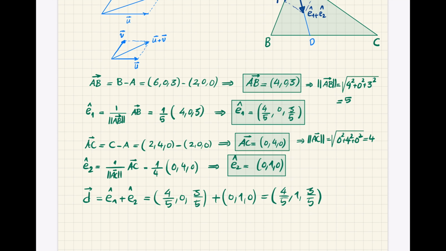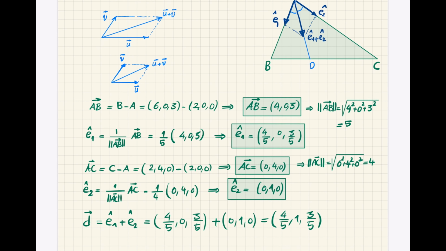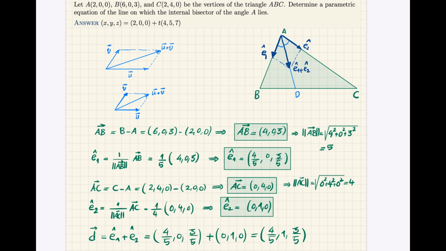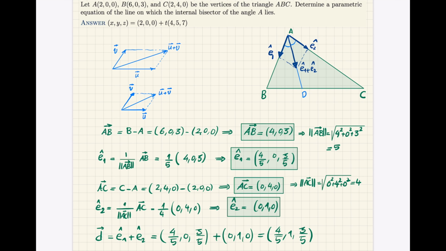Of course, I can choose to work with this one, but usually to get rid of fractions, I rescale this d by multiplying it by 5. And I hope that you understand the geometry here, because if I multiply this by 5, what's happening? I am increasing the length of my vector, but it still lies in the same direction, on the same line segment AD, so it still can play the role of my direction vector.